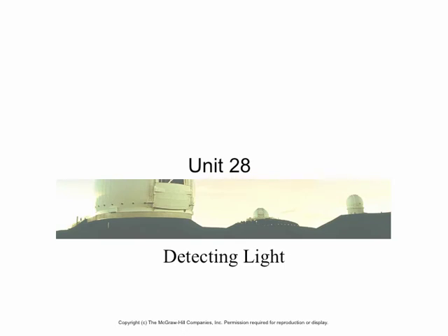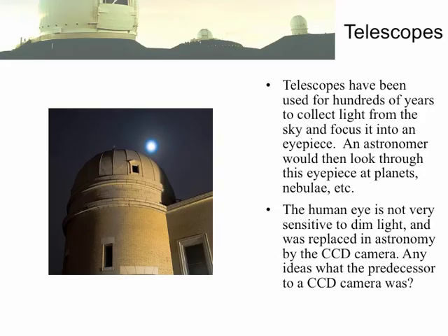But how do we detect all of this light? Generally, we use telescopes. Telescopes have been around for a long time, and in the past, it was traditional to look through the telescope with your eye and draw pictures of what you saw.